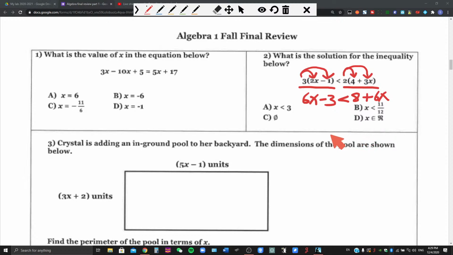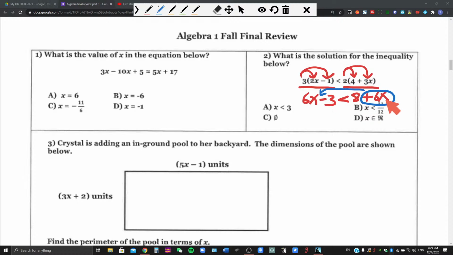Now, we want to move the x to one side, and we move all the numbers to the other side. First, let's move the 6x to the other side. Remember, when you move it, it will flip.